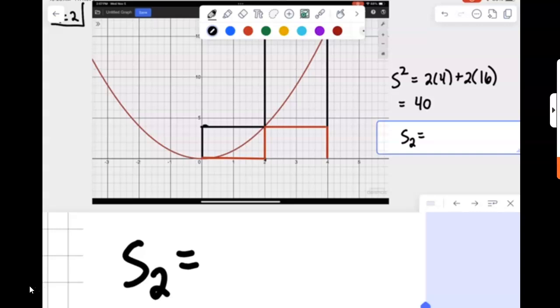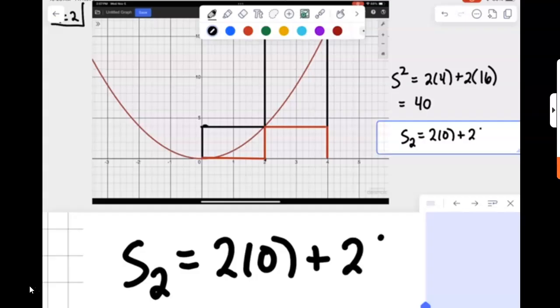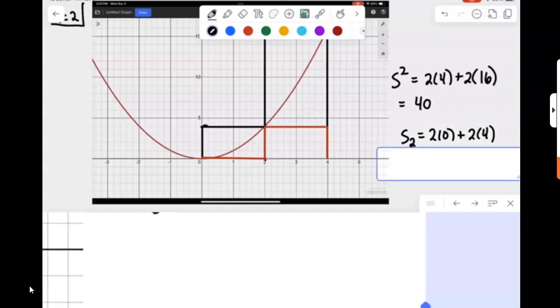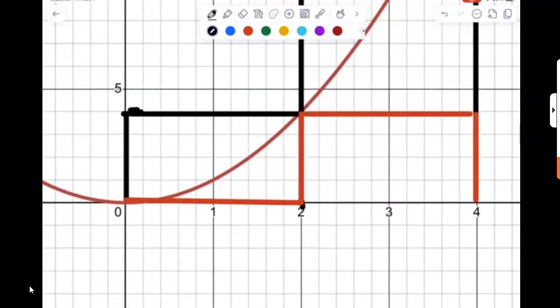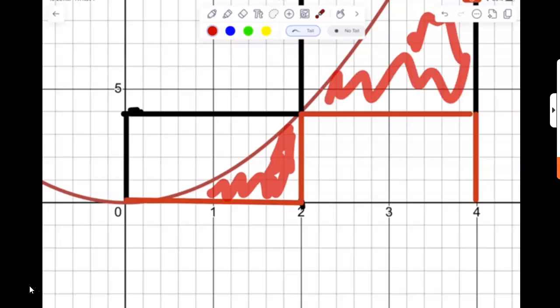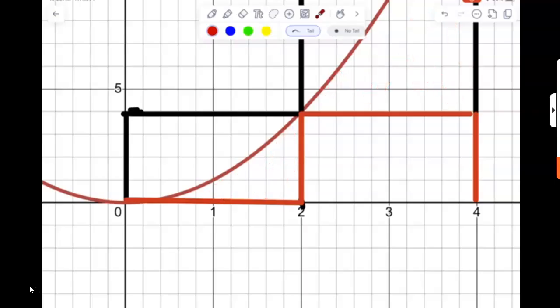So that's going to be 2 times 0 plus 2 times 4. Gives me a lower estimate of 8. Now I know for sure that the area beneath my graph is bigger than 8. That's better than what I knew before when I was dealing with it just being bigger than 0. Because we can see there's a lot of area that our rectangles are not getting. A lot of area our lower rectangles are missing.